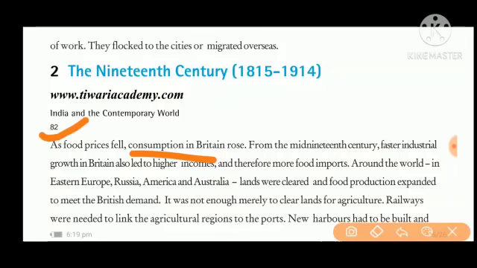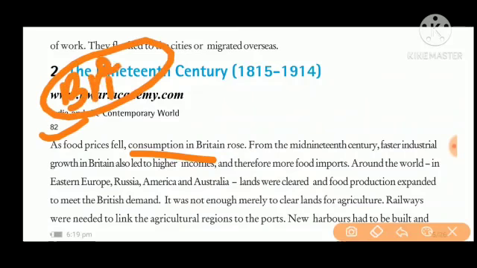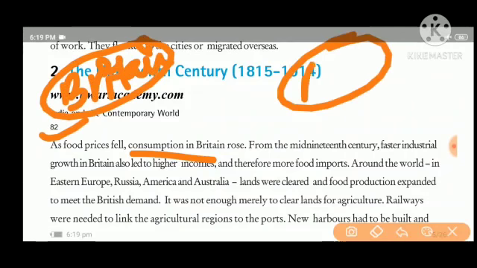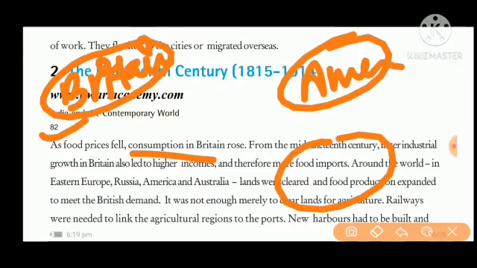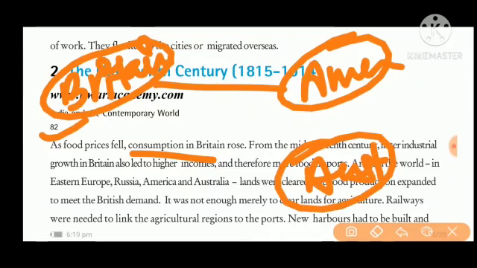Around the world in Eastern Europe, Russia, America and Australia, lands were cleared and food production expanded to meet the British demand. As I had told you, Britain was not doing agriculture in its country. So the food was imported from America, Australia and many other countries at a very cheap rate.